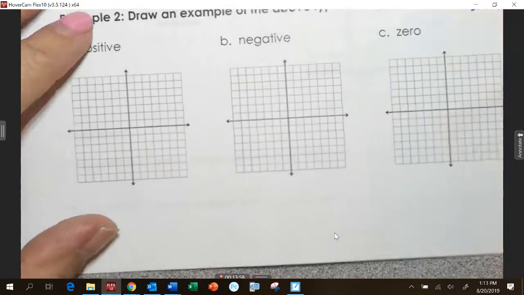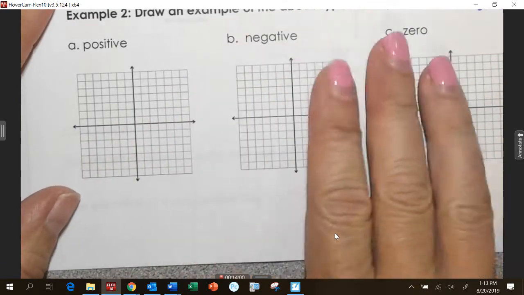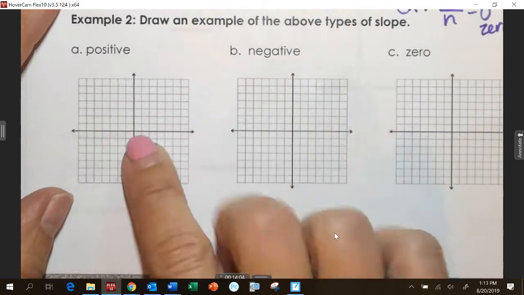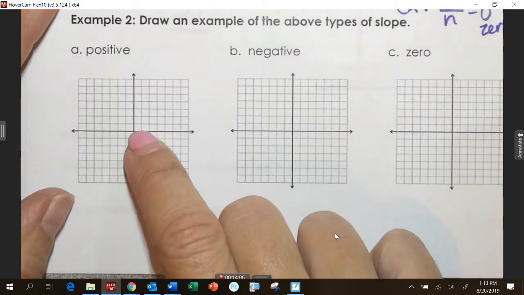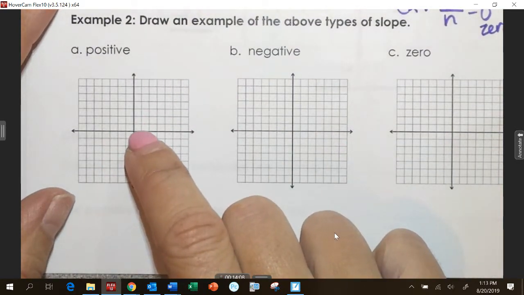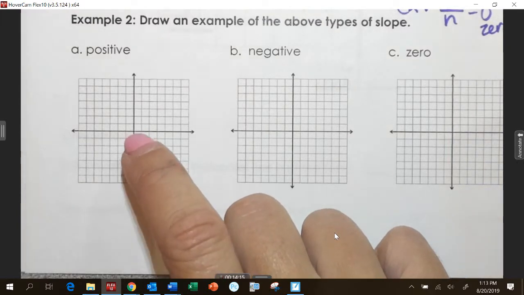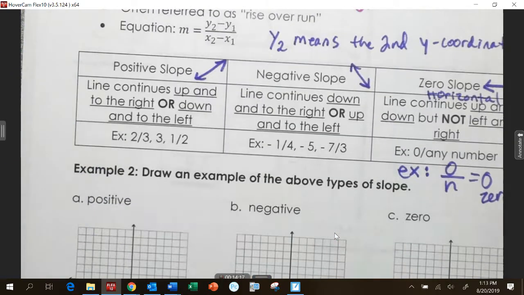Okay, so now this says draw an example of the above types of each slope. So we need to draw an example of a line that has a positive slope. Can you do it without me? Try. Use pencil just in case you make mistakes. Use a straight edge. I'll use pencil.